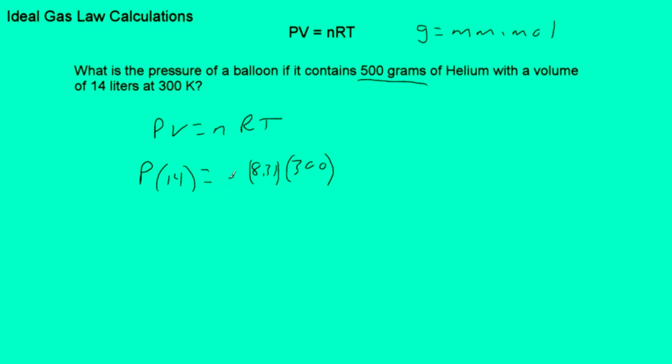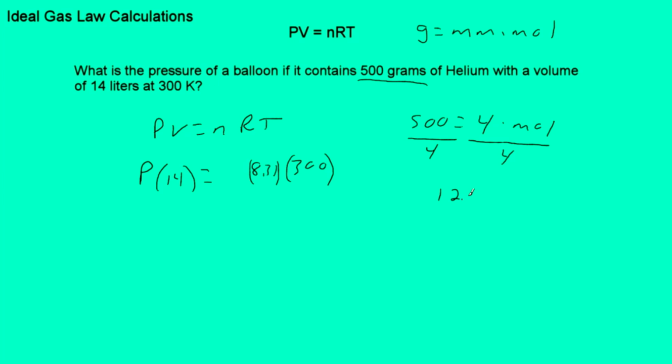So now moles. We have two unknowns here, so we can't solve this as is. But because we have 500 grams, we go: 500 grams equals the molar mass of helium, which is 4, times moles. Solve for moles, divide by 4.